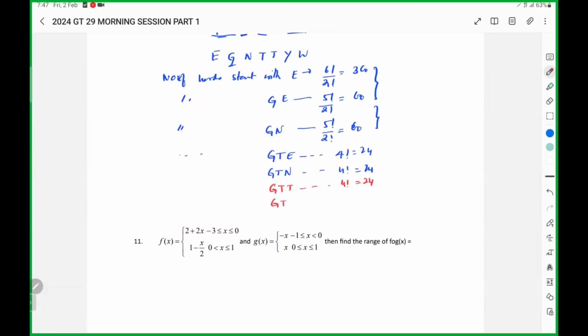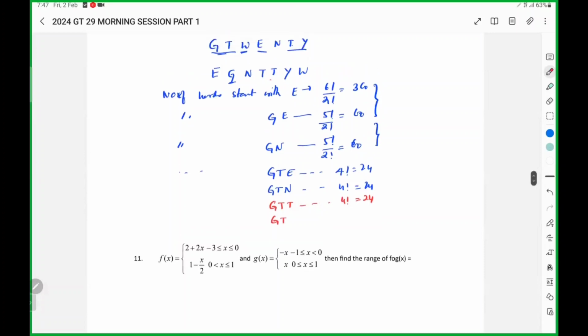And after T in order, obviously you get W. Then E, N, D, Y. 72 plus 1. Here 480. Altogether it is 4,553. This is the rank.